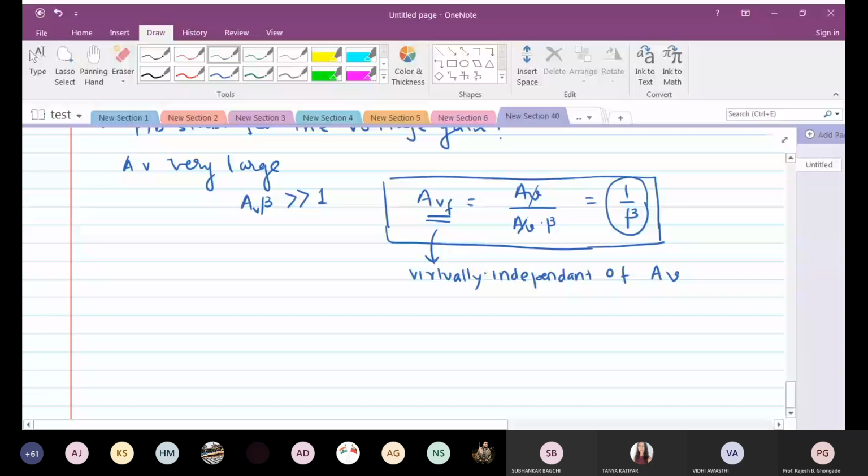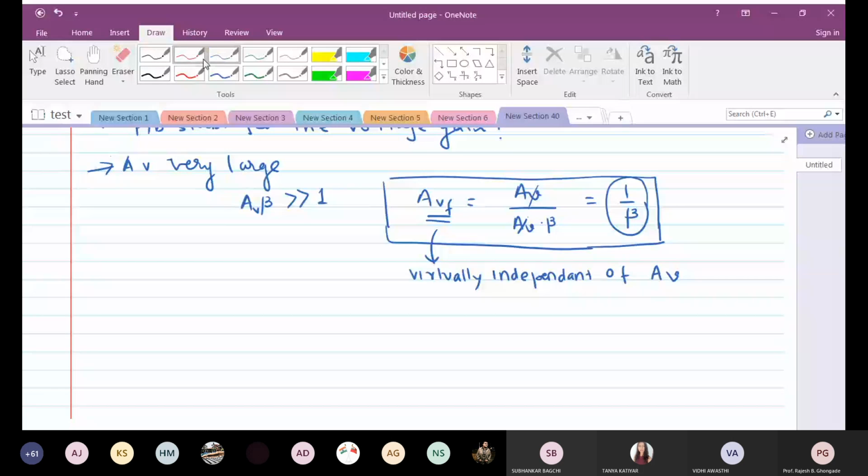Yes, sir. And the reason for that is I am trying to make this condition valid, so that later on you can add negative feedback and then the closed loop gain will be independent of open loop gain. Open loop gain is heavily dependent on the device parameter.